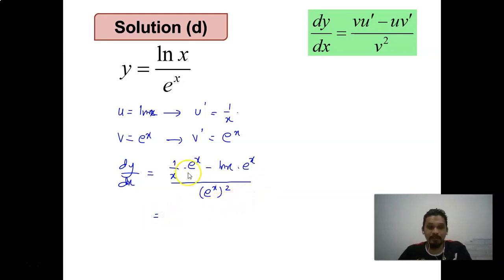So from here, it is e^x times (1 over x minus natural log of x), divided by (e^x) squared.